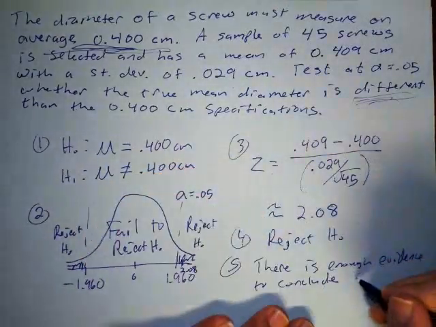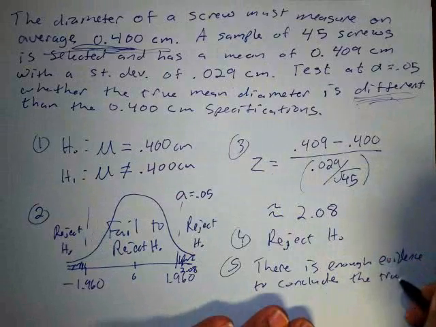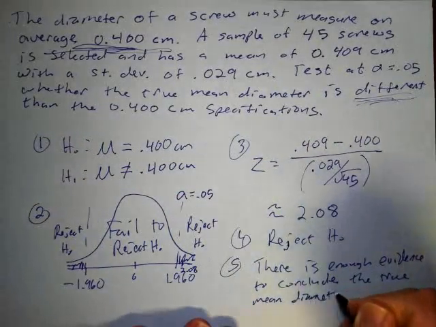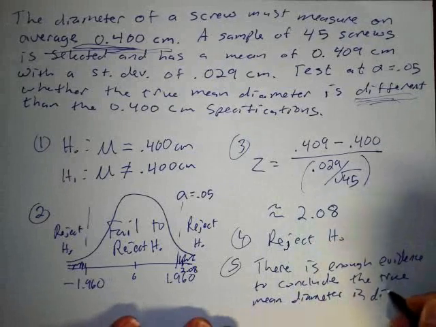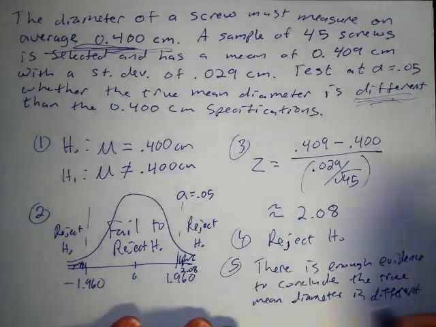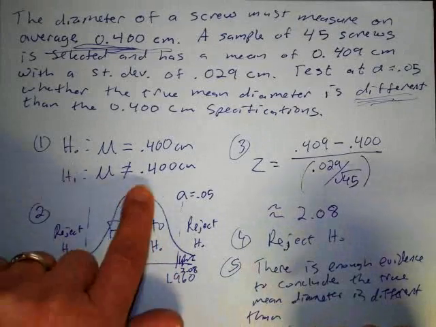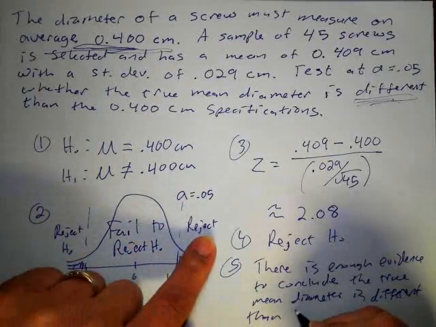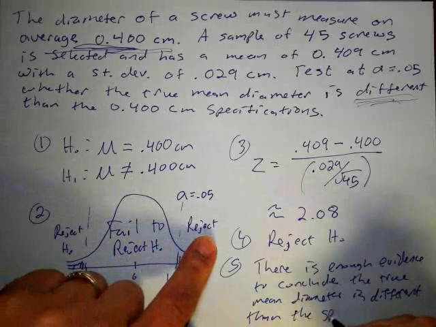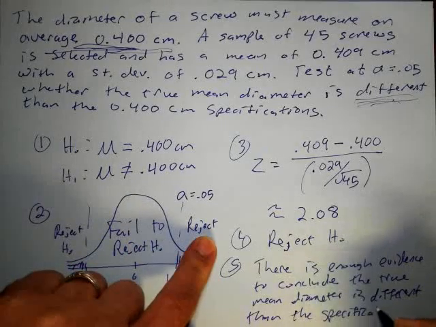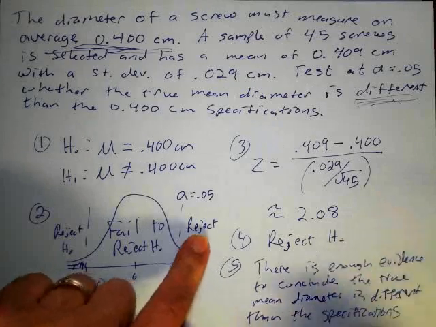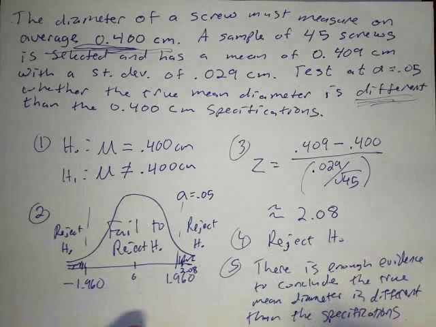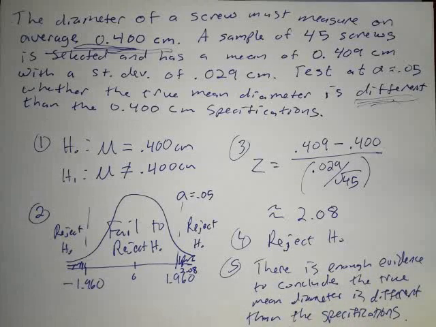There's enough evidence to conclude the true mean diameter is different than this specification. So I can say different than the specifications. Or if there is enough evidence to conclude the true mean is different than 0.400 centimeters, that would be fine too.